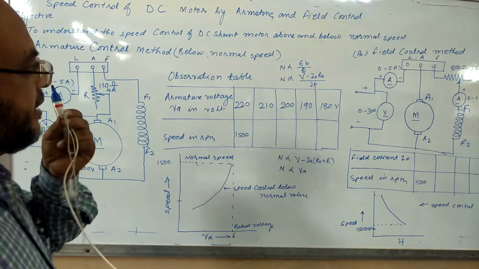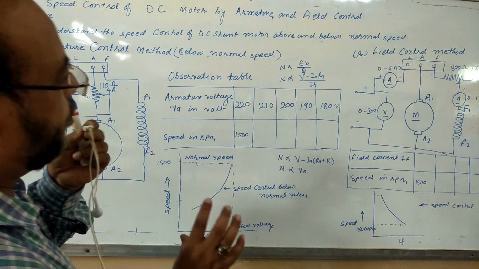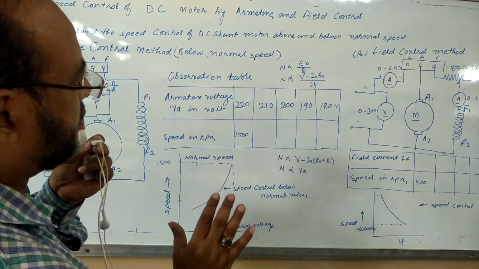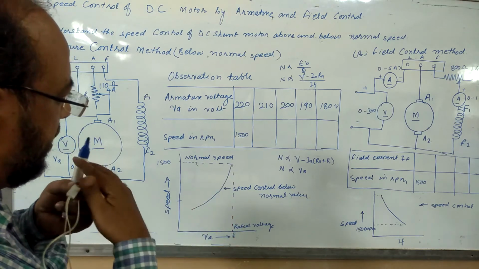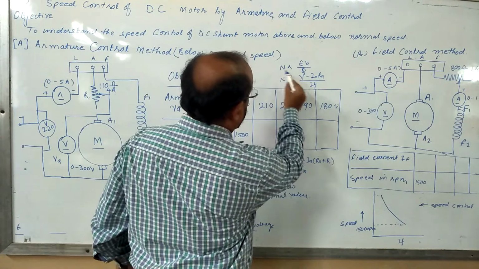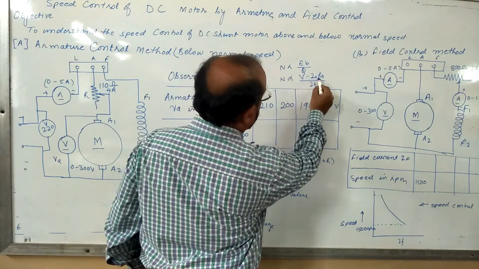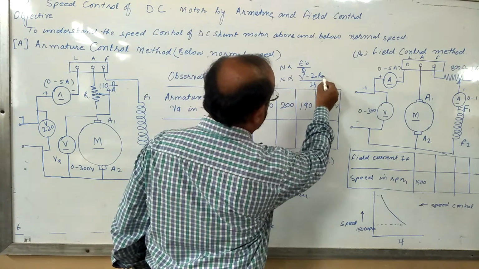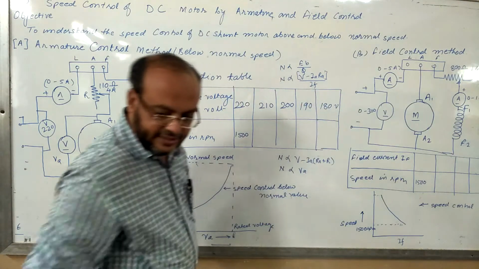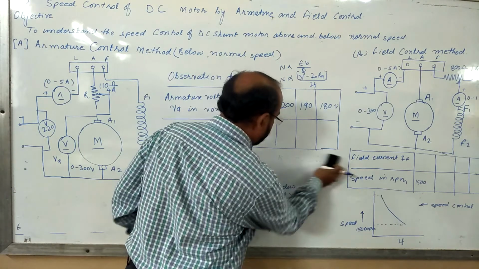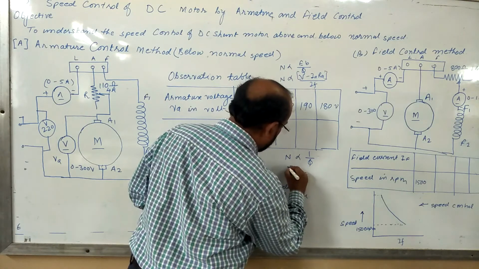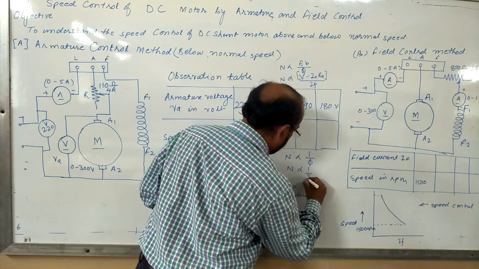In the field control method, we keep the voltage across the armature at the rated value, meaning there is no change in the armature voltage. In this equation, speed is directly proportional to V minus IaRa, and we are not changing that, so this parameter is constant. So in this case, speed is inversely proportional to flux, and speed is inversely proportional to field current.